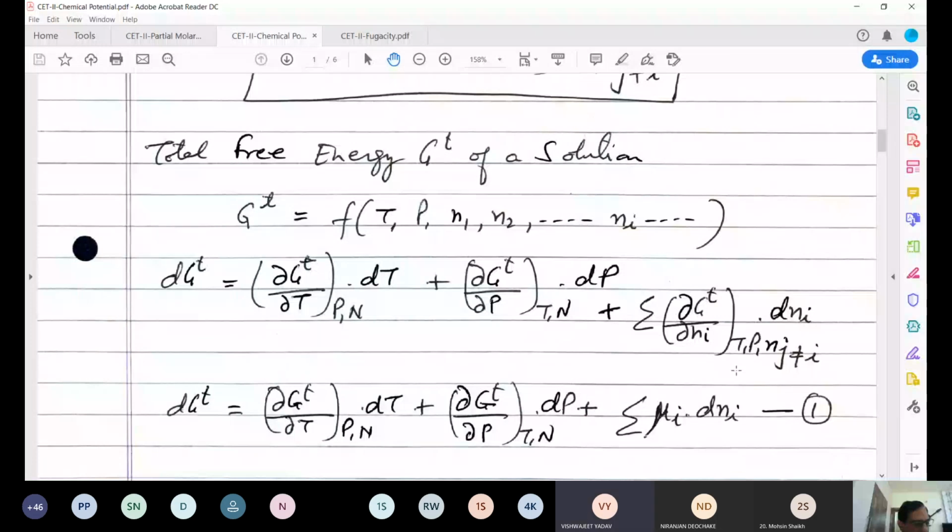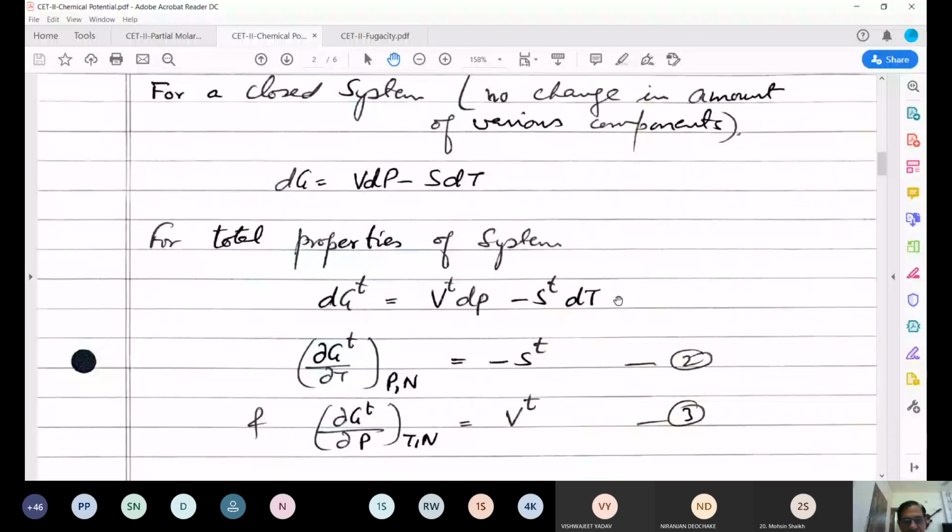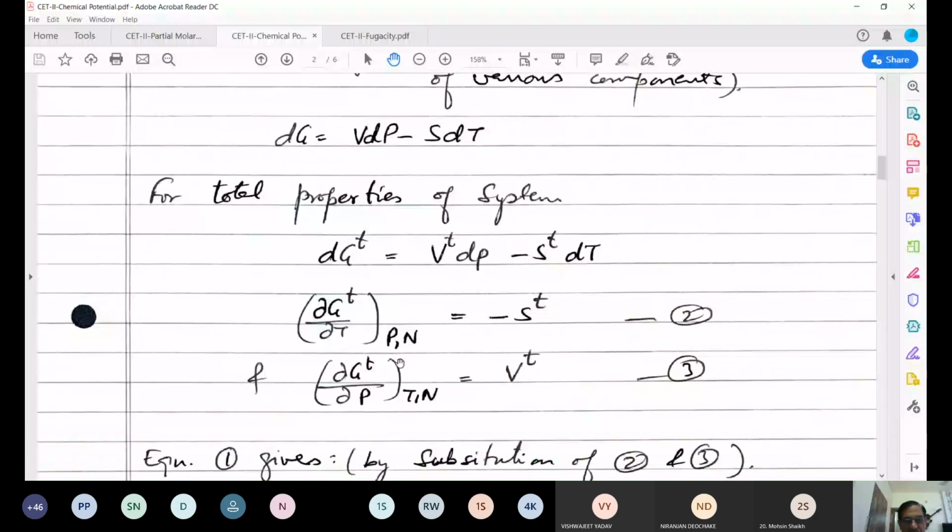So, for a closed system, dG is equal to V dP minus S dT. We have done this derivation already. So if you write for total properties, dG_T is equal to V_T dP minus S_T dT. And if we take a derivative at constant pressure, dP becomes 0. What you get is ∂G_T/∂T at constant pressure and n is equal to minus S_T. And at constant temperature, you get ∂G_T/∂P at constant temperature and n is equal to V_T from this equation.